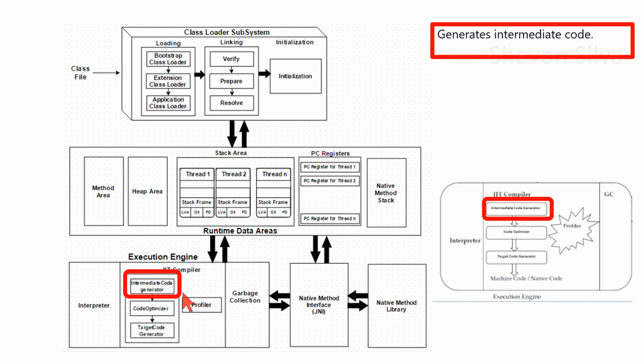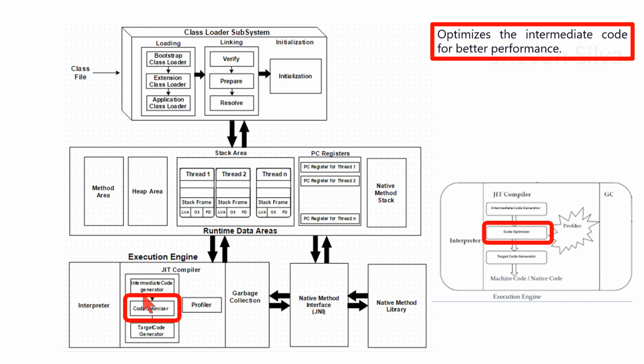Now we are focusing on the intermediate code generator in the JIT compiler. You can see the intermediate code generator here in this diagram. It generates intermediate code. After generating the intermediate code, we can consider the code optimizer. It optimizes the intermediate code for better performance, and you can see the code optimizer here.